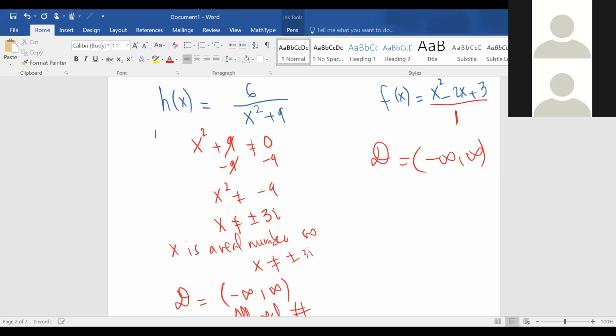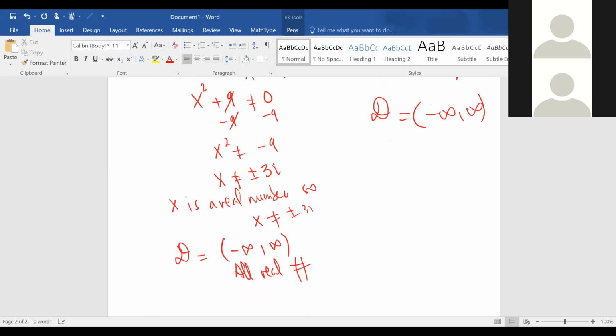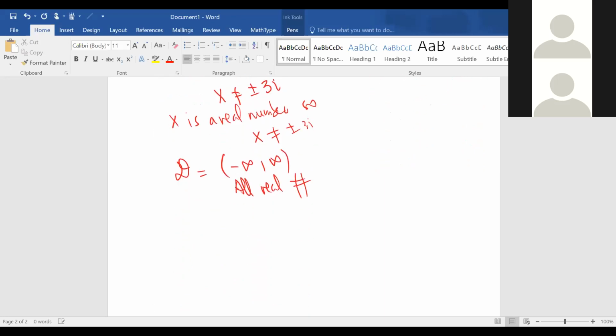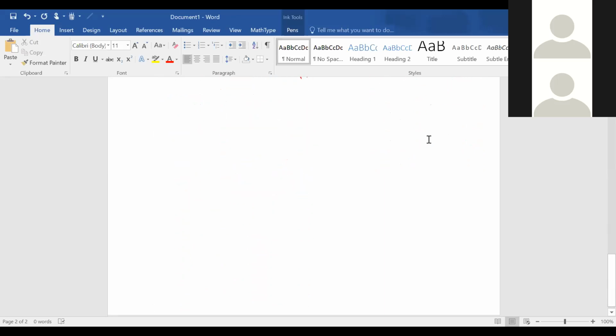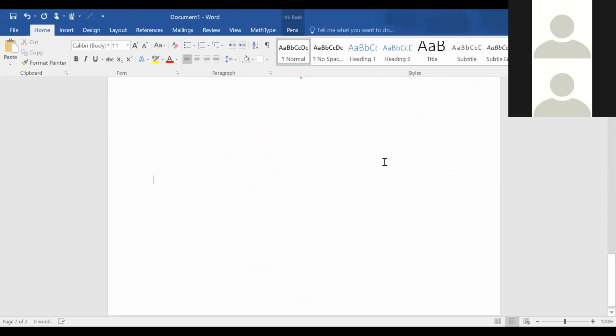All right. So now, is the domain in general hard to find or easy to find? It all depends on the denominator you have, right? So if your denominator is very easy, then the work is very easy. If the denominator is very hard, then the work is going to be very hard, right?